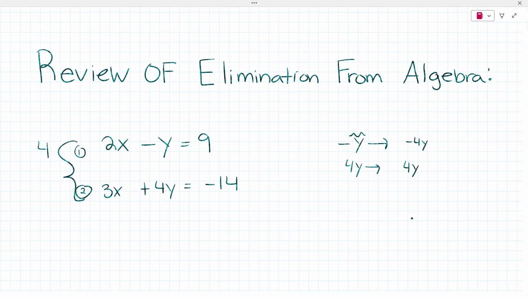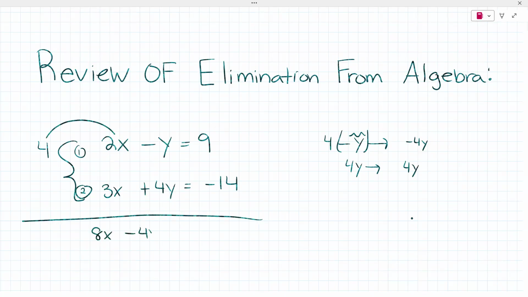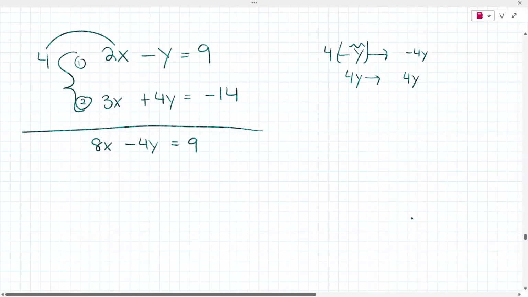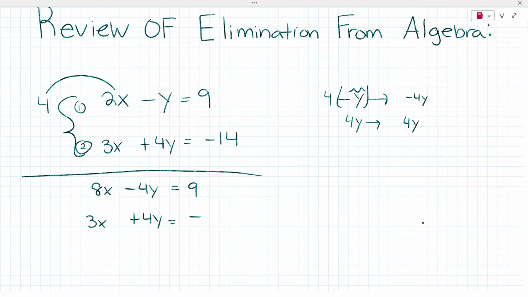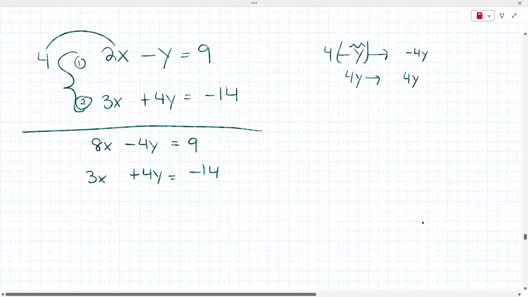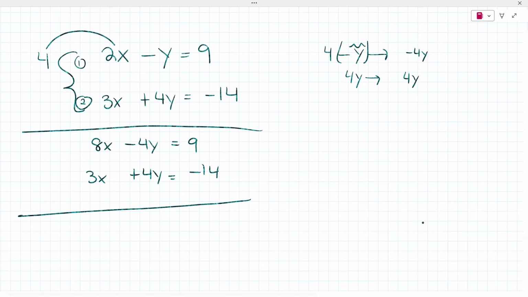So I made this negative y into a negative 4y. How did I do that? By multiplying this side by 4. When you distribute this out, it is 8x minus 4y equals 36, since I need to multiply the last term by 4 as well. The other equation stays the same, and then add them up.